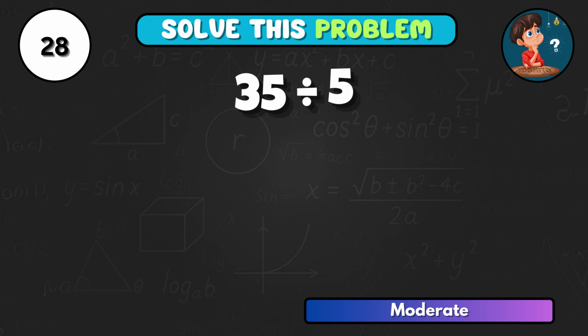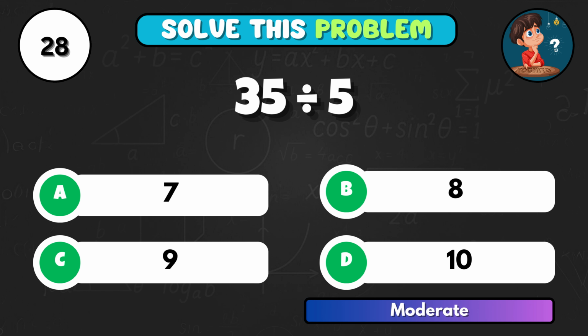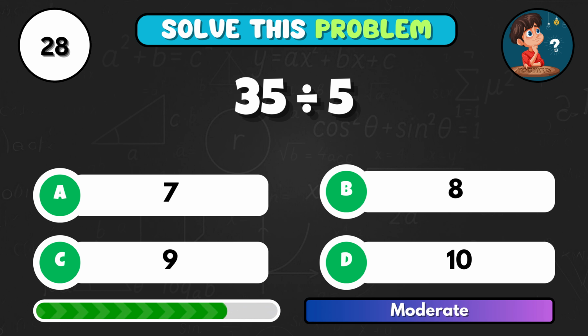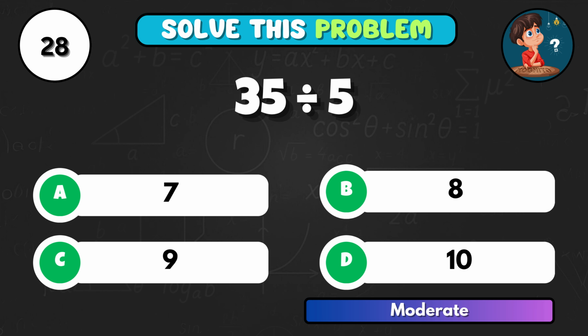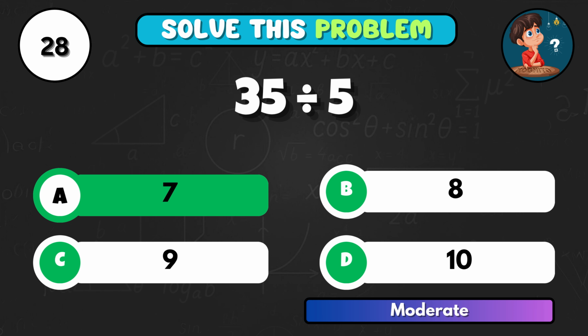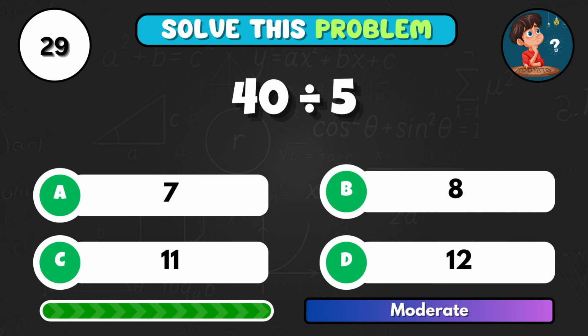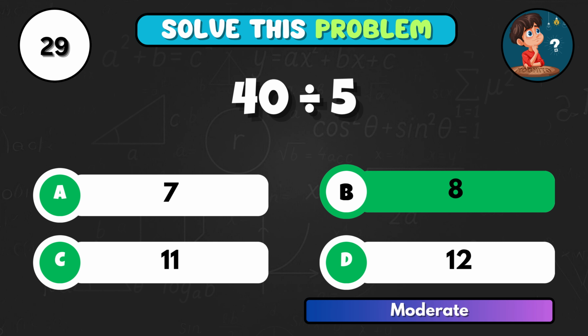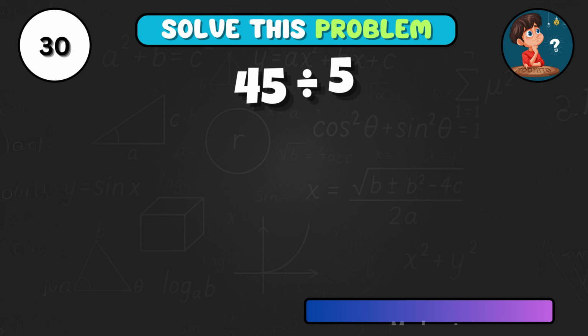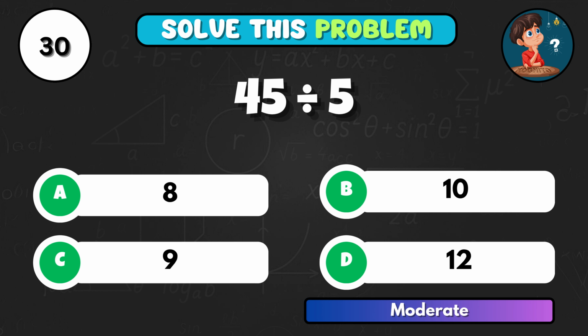Now 35 divided by 5 equals? The solution is A, 7. 40 divided by 5 comes to? The correct answer is B, 8. 45 divided by 5 is?